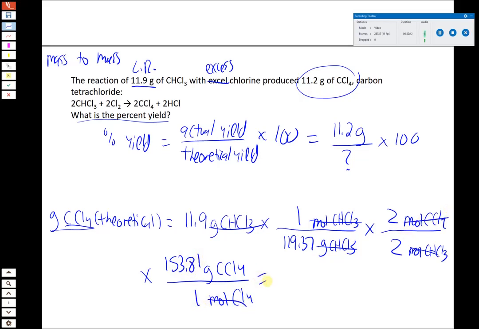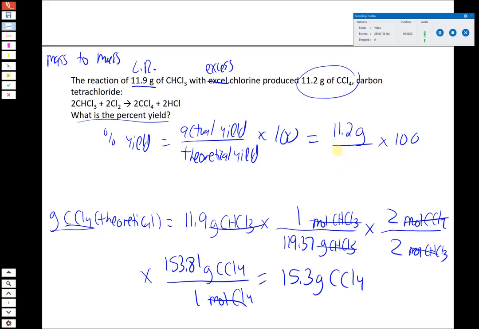All right, so when we multiply this across, we get a theoretical yield of about 15.3 grams. So 15.3 grams of carbon tetrachloride, that's our theoretical yield, the maximum amount that can form.